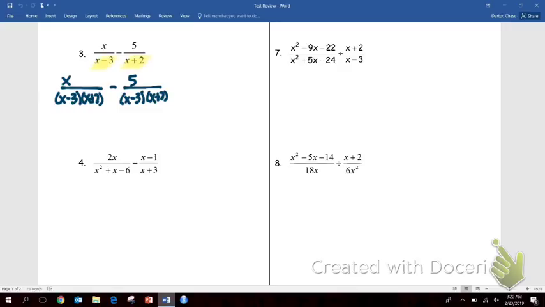What I add has to go in the numerator as well. So the first fraction only has an x minus 3. But it has to have x minus 3 and x plus 2. So the x plus 2 has to go in the numerator as well. Here, the original fraction only has x plus 2, but it needs x minus 3 and x plus 2.